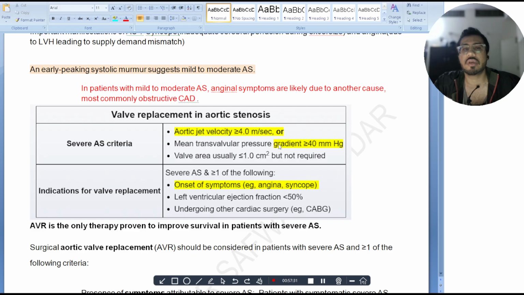So equal to is common in all of them. You get 4.0, you get 4.0, you get 1.0. So aortic jet velocity either 4 or greater than 4, transvalvular pressure 40 or greater than 40, and valve area, it's not that important, but these two are the most important ones.